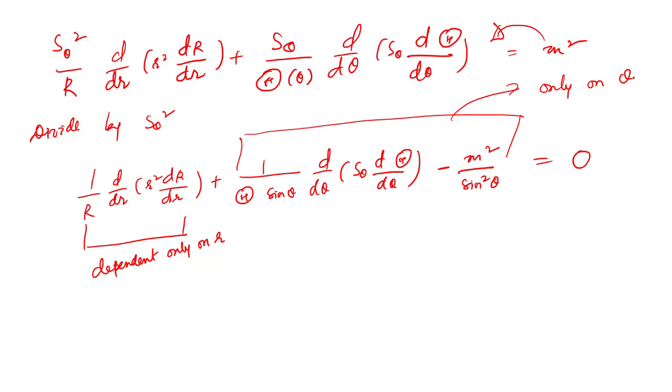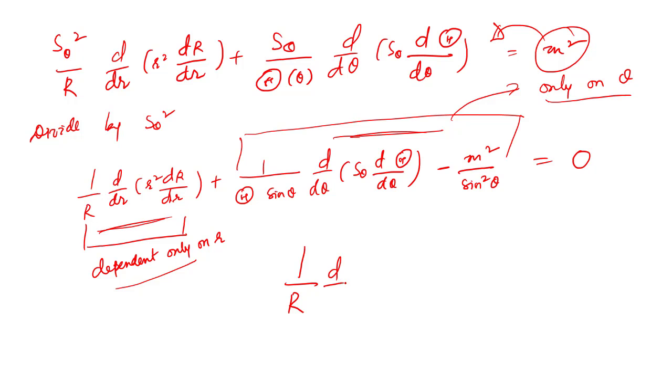So now I can use the same logic as we did before: each of these parts, dependent only on r and only on theta, must each equal a constant, just like how we got this m squared in the first place.